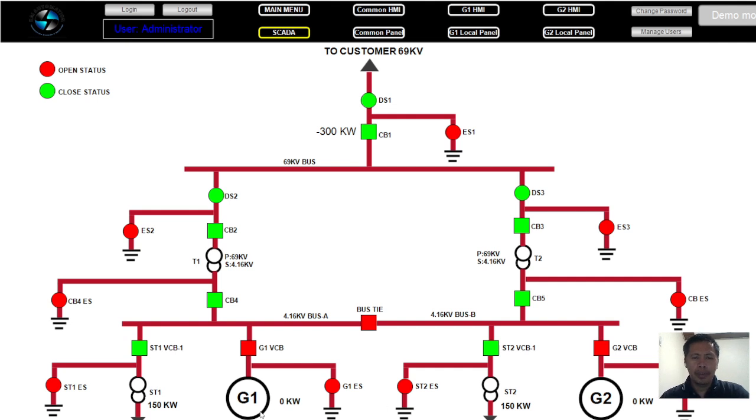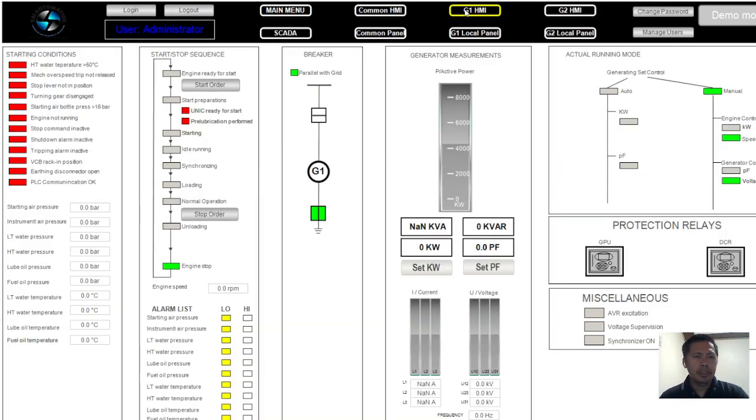So now we will run generator 1, followed by generator 2. To prepare generator 1, we'll go to the generator 1 HMI. This is the dashboard for generator 1.